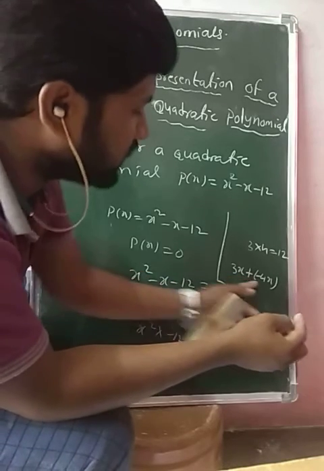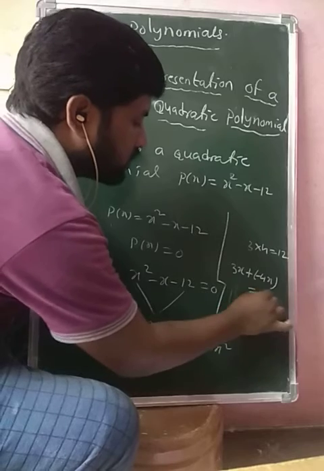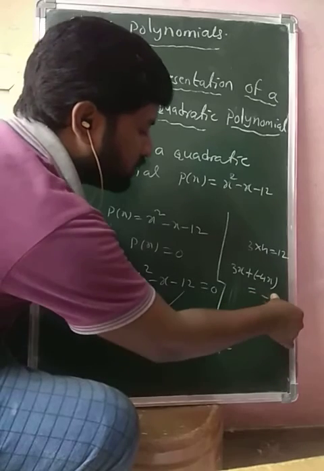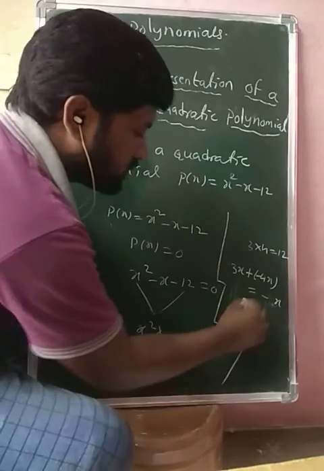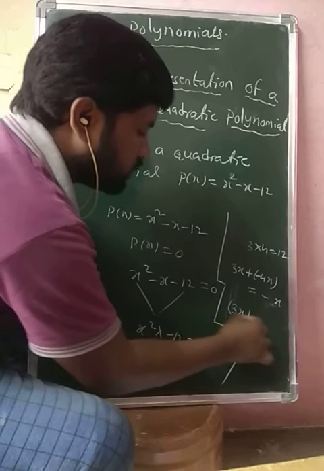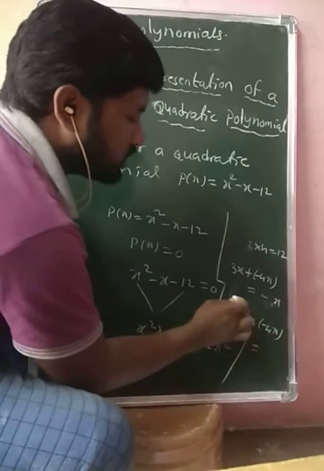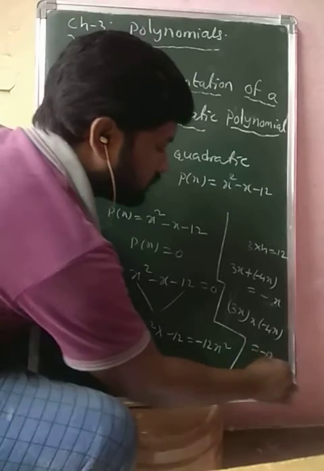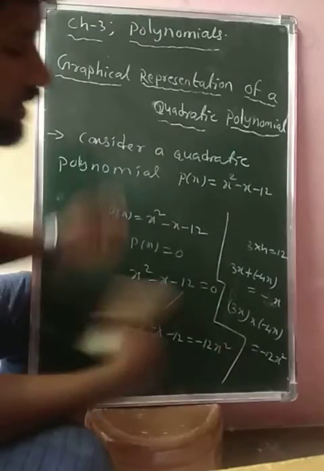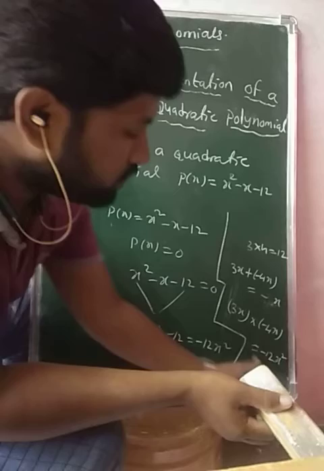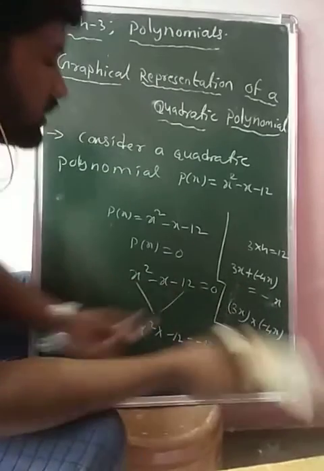The sum of the two factors is minus 1x, that is simply minus x. And the product of the two factors is 3x into minus 4x, that is 3 fours are minus 12, x into x is x square. So clearly the product is minus 12x square and their sum is equal to minus x.